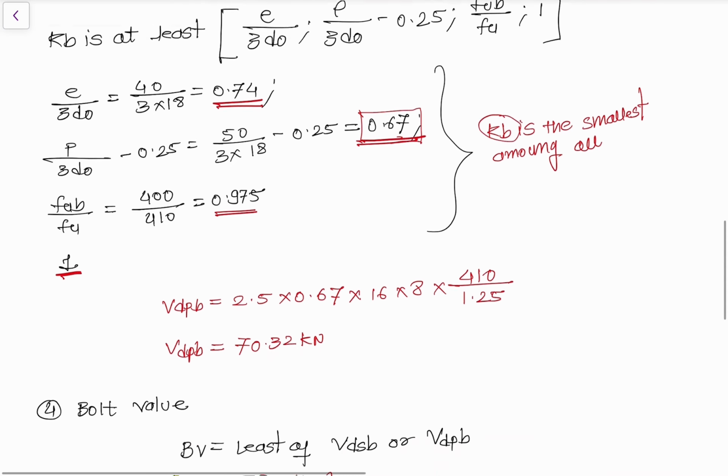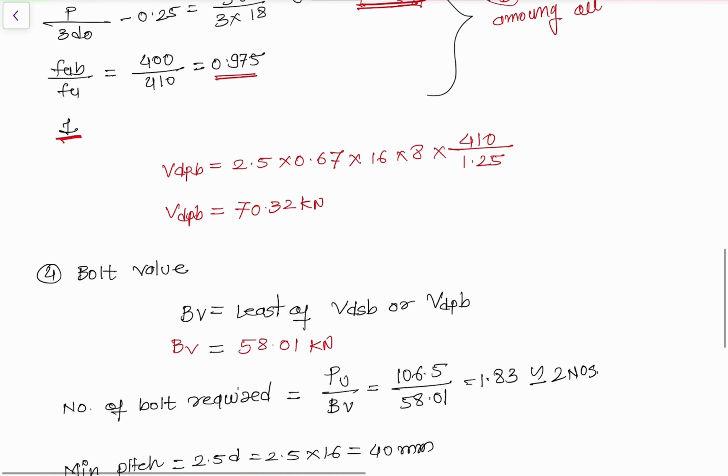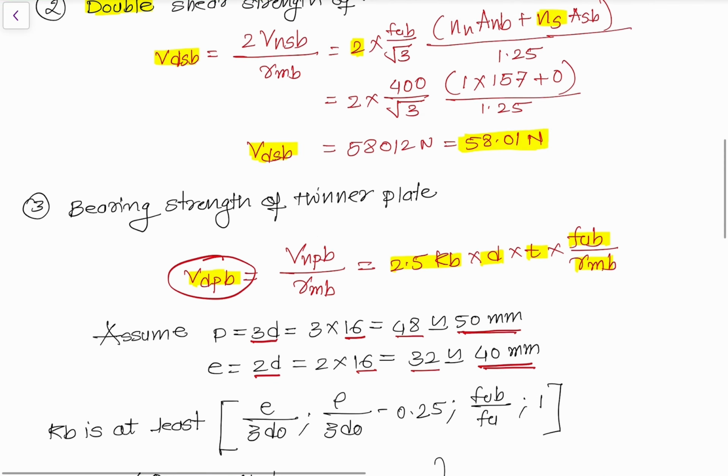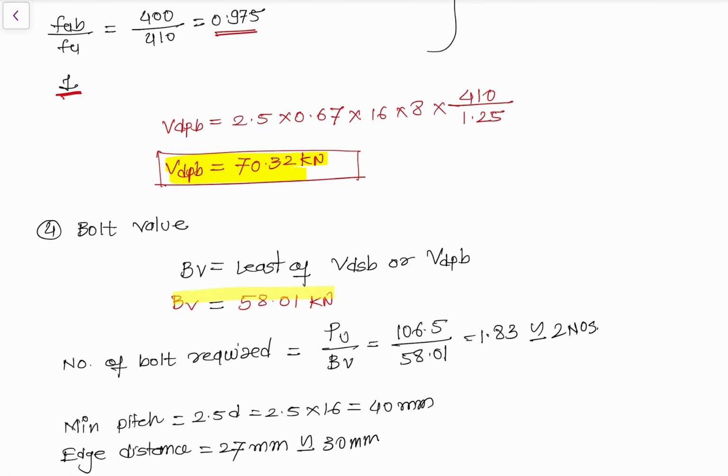When I put all these values in the VDPB equation, I get VDPB as 70.32 kilonewton. The bolt value should be the least of VDPB and VDSB. VDPB is 70.32 and VDSB is 58.01, so the least value is 58.01. That's why our bolt value becomes 58.01.